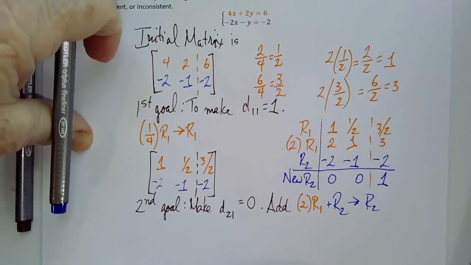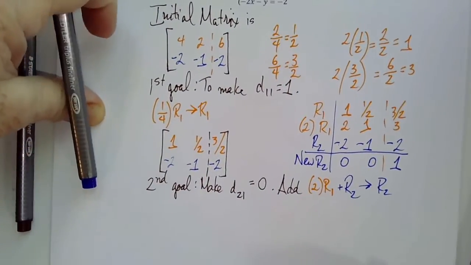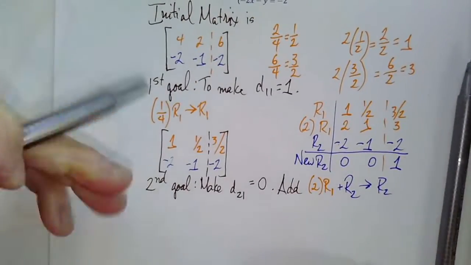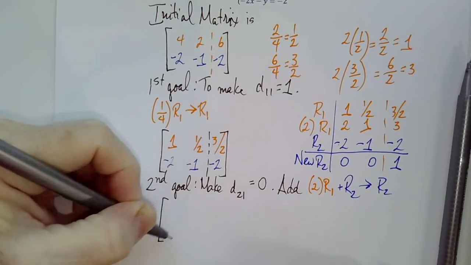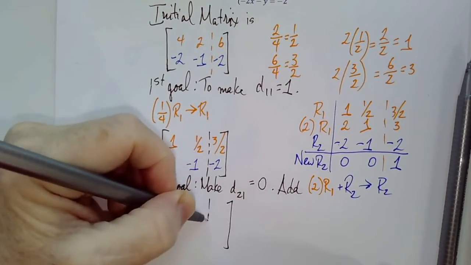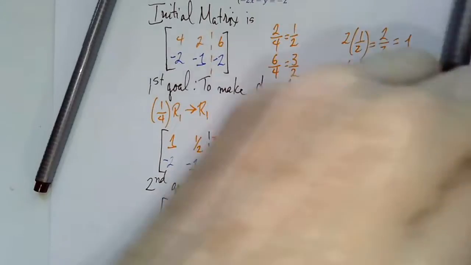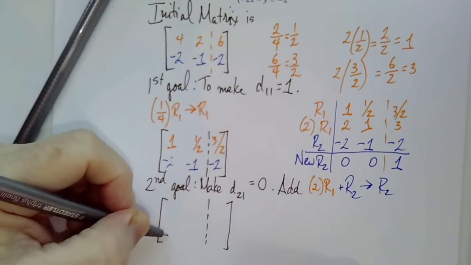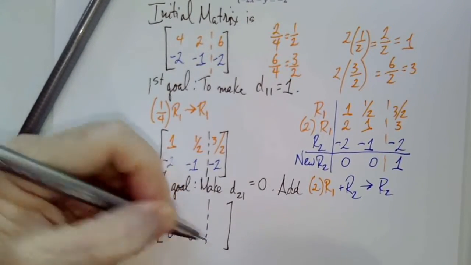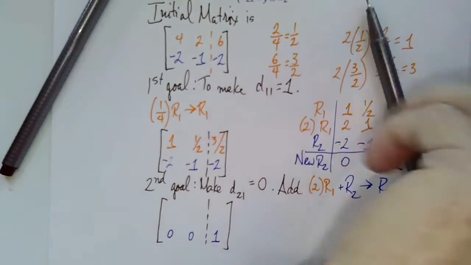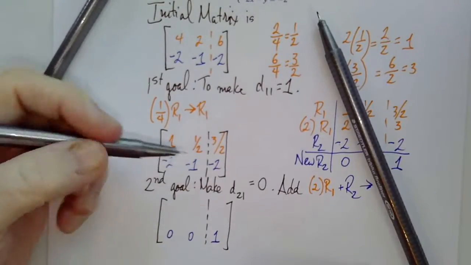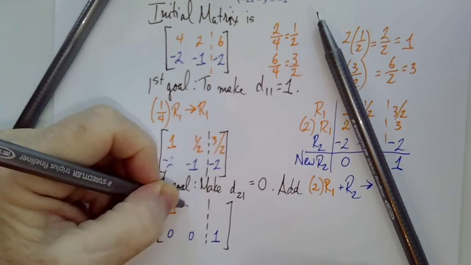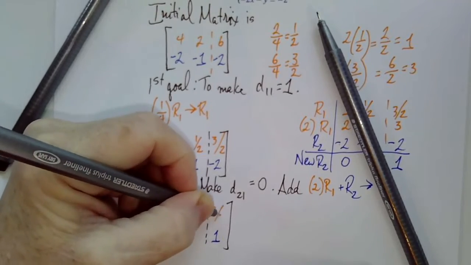So our new row 2 is 0, 0, 1, and our matrix looks like 0, 0, 1, and row 1 is still 1, 1/2, 3/2.